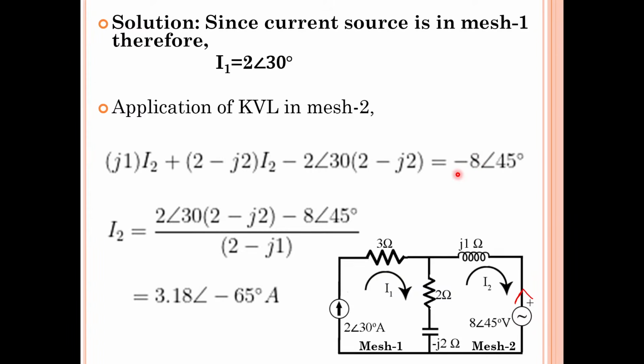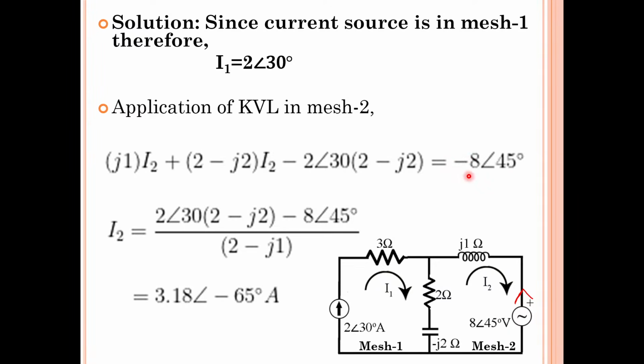Therefore, the algebraic sum of source voltages. How many sources are there in mesh 2? Only one source is there. The source value is 8 at an angle of 45 degrees. But we have mentioned minus here. Why?